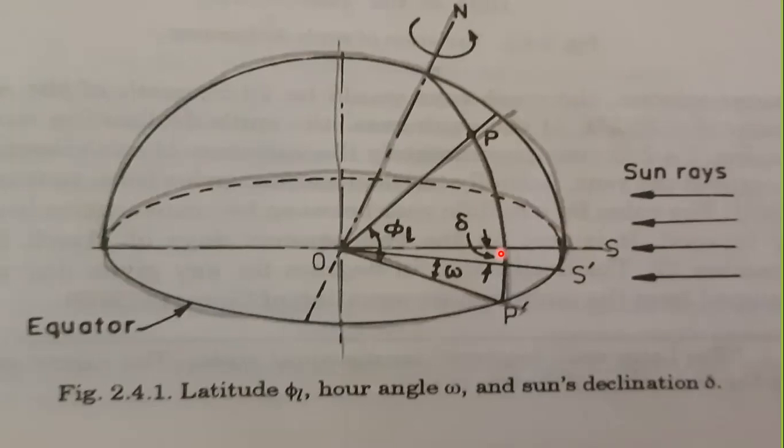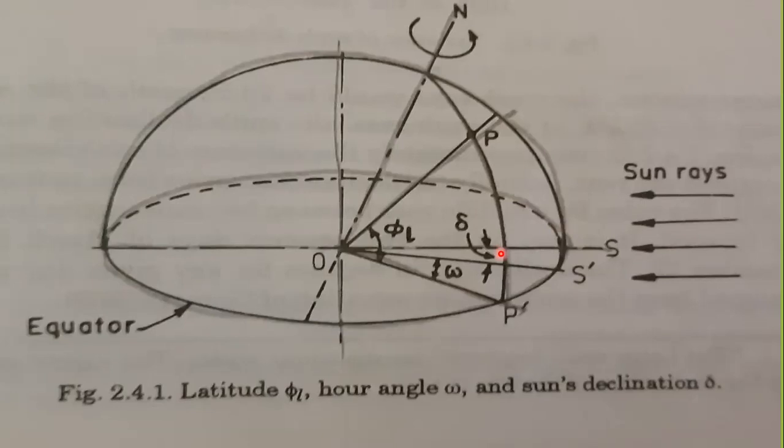So it is the angle measured between the incident beam radiation, capital I, and the normal to the plane surface.